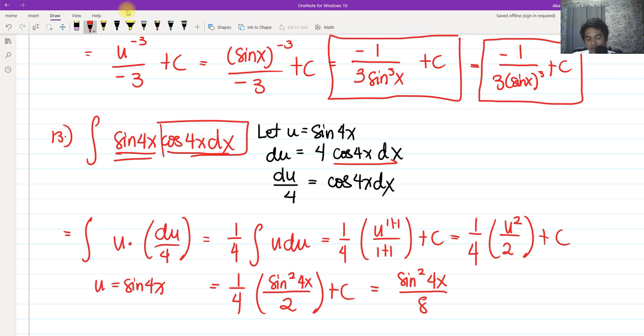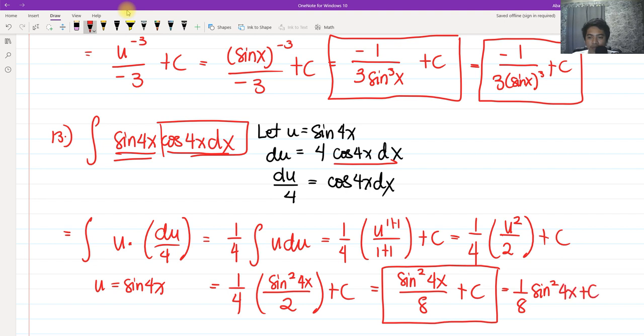Or you can also rewrite the answer with the 1 all over 8 separated. Okay? So, any of that will do. So, that's right. That will be our final answer for number 13.